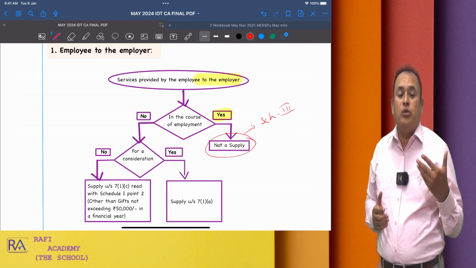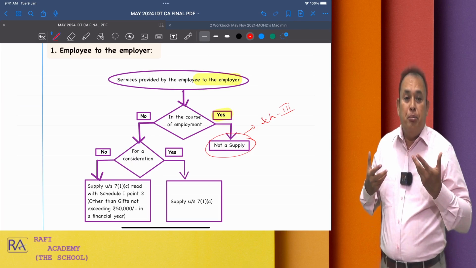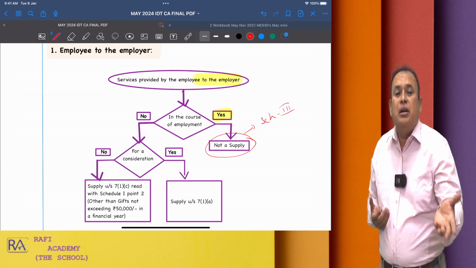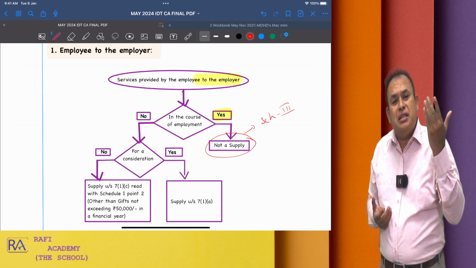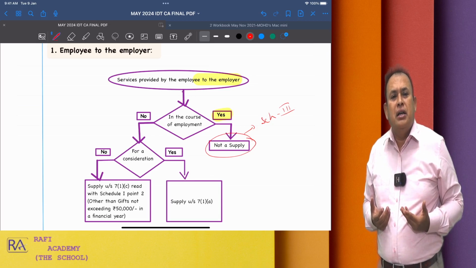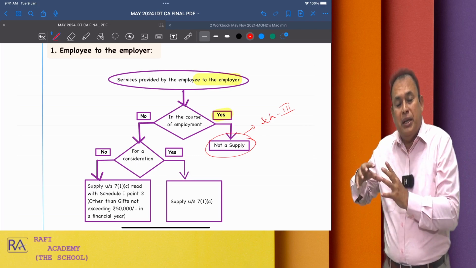In the earlier example I said, voluntary supply of goods by a person, Rajaram, to the employer, perfumes, which is supply of goods, a separate category. Though he may be an employee, when he supplies the goods, it comes under the category of supply.